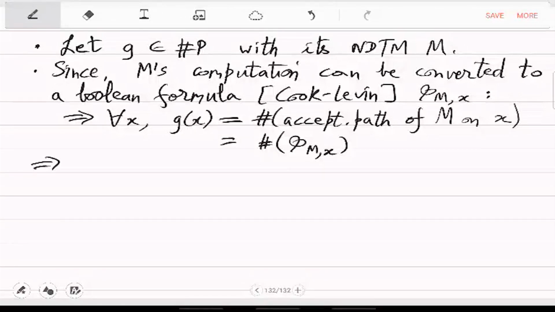Right, which implies that G is in FP to the #SAT.